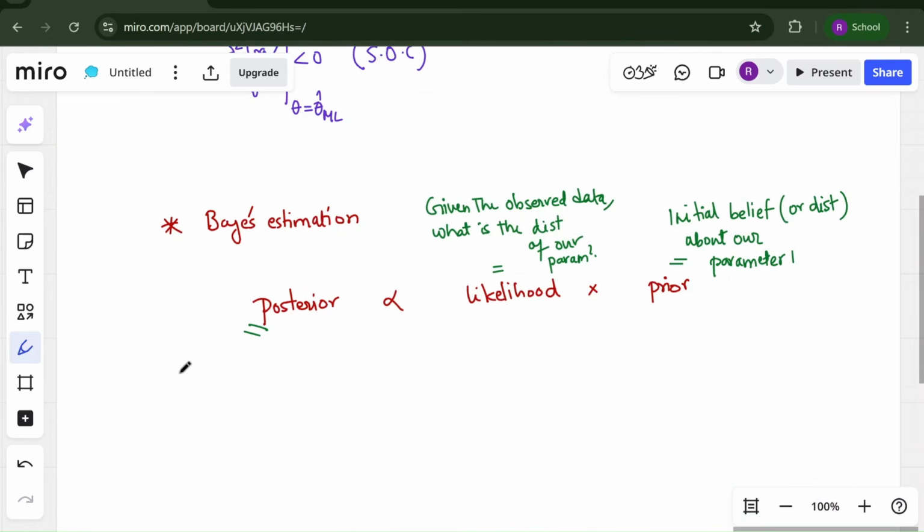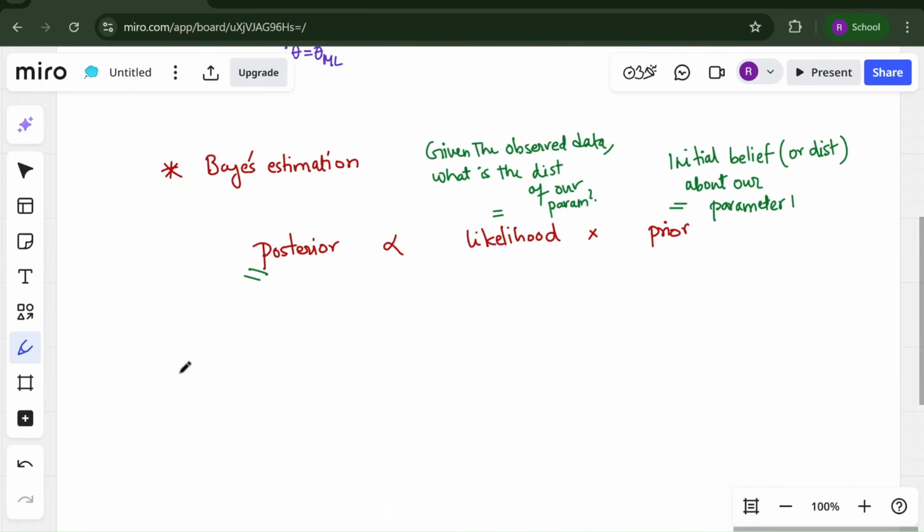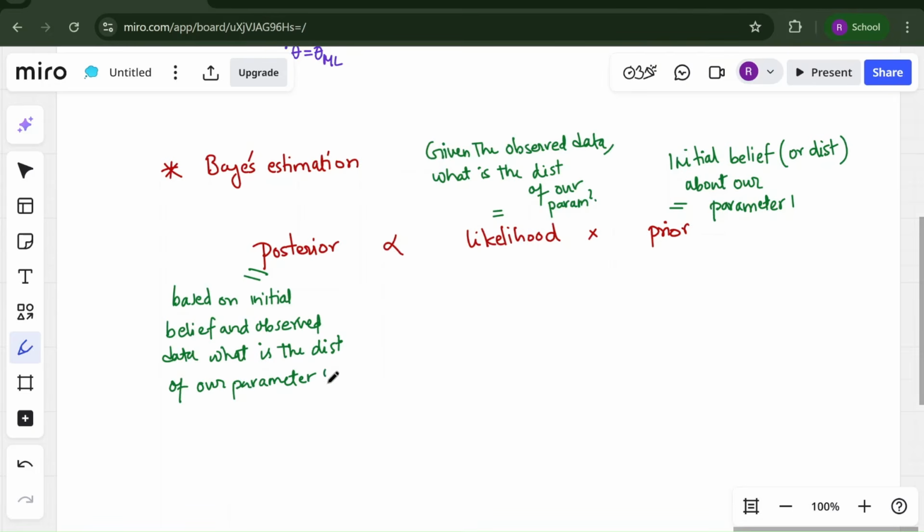Posterior is nothing but, based on our initial belief and the observed data, what is the distribution of our parameter? This is the posterior, and this is it actually.